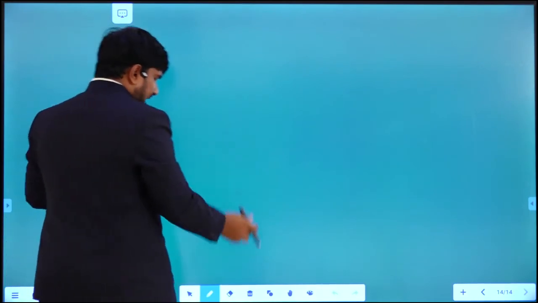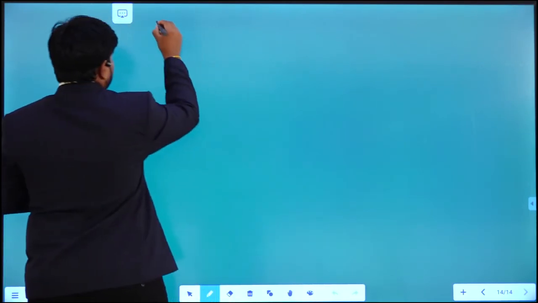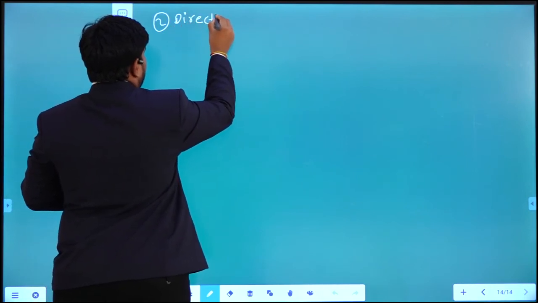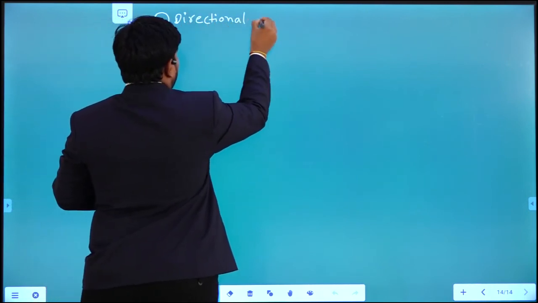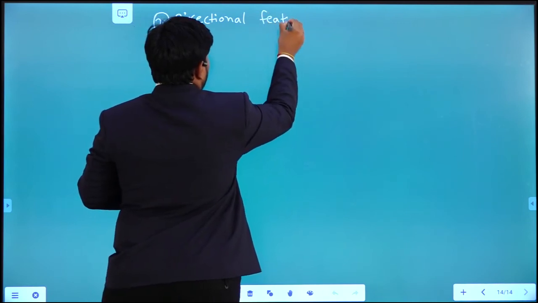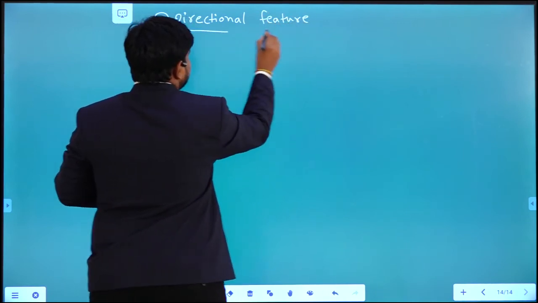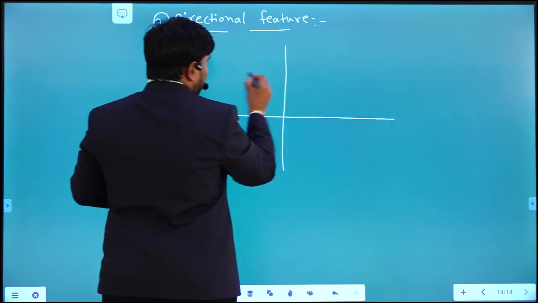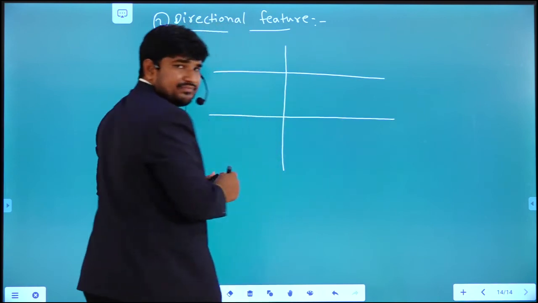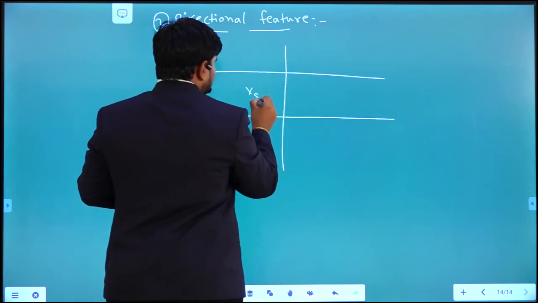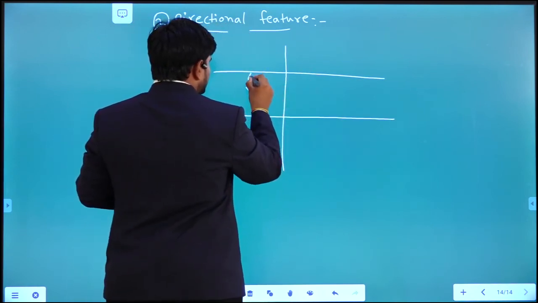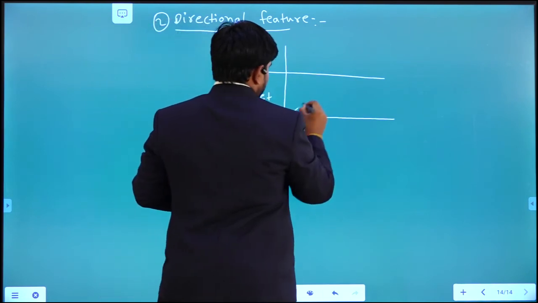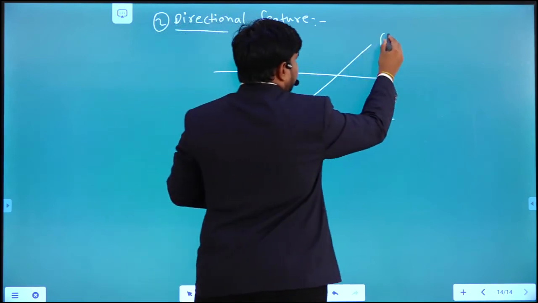Now let us see the second limitation of the impedance type relay, that is the directional feature, whether the directional feature is there or not. If you observe the characteristics of the reactance type relay, this is the X set value. This is the fault characteristics.